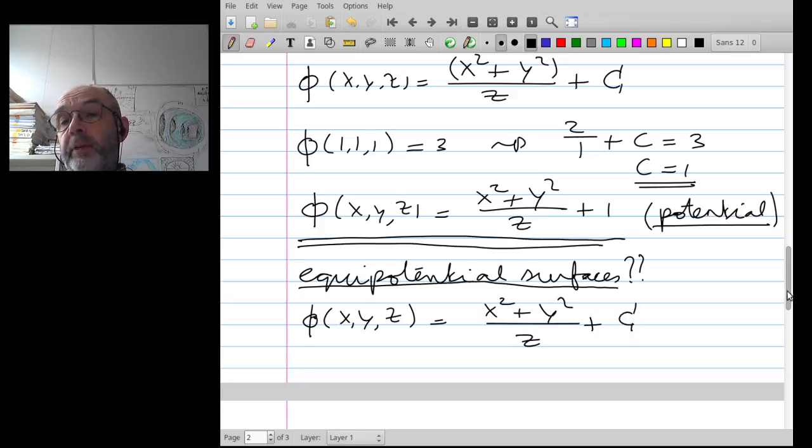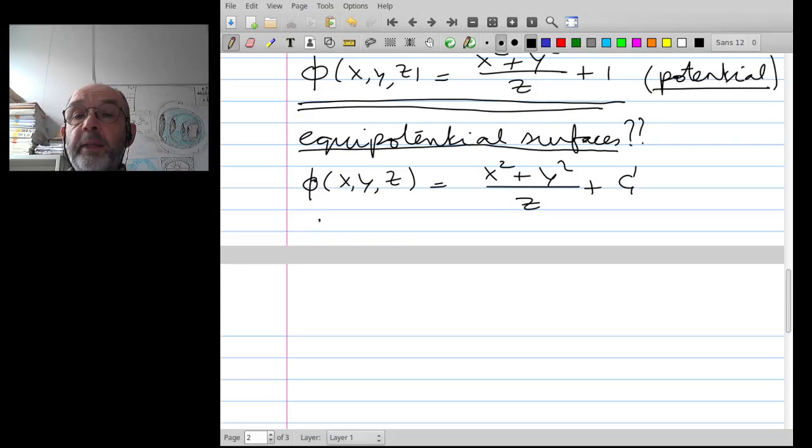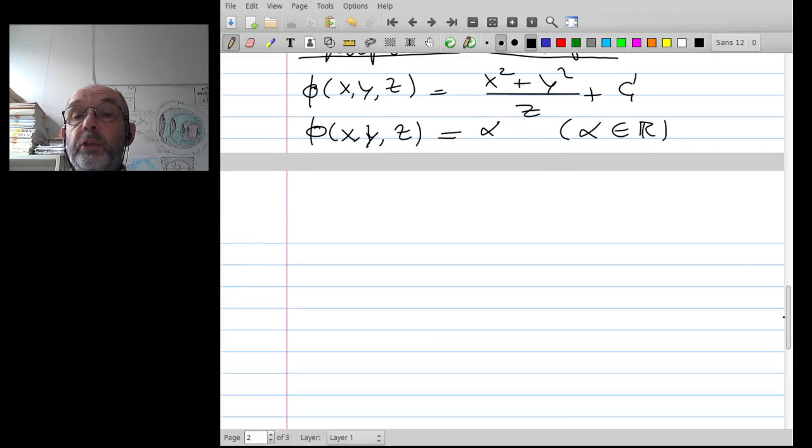Equipotential surfaces means that your potential is equal to some constant, some real number, and you have to look at how those surfaces look.